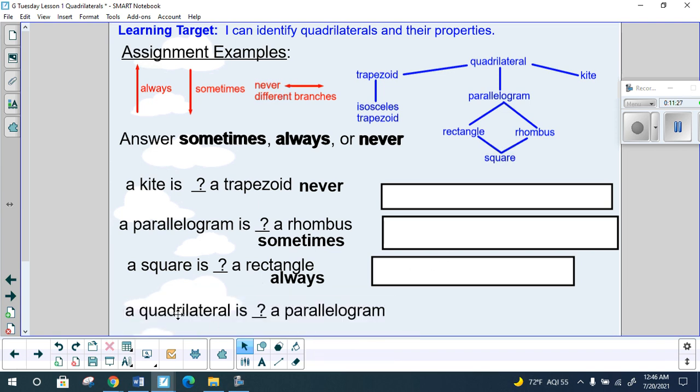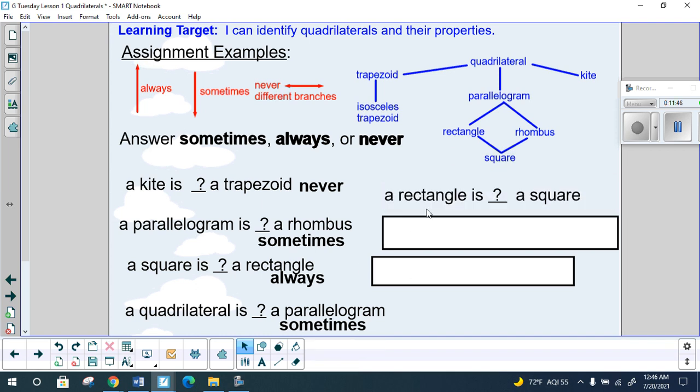A quadrilateral is sometimes, always, or never a parallelogram. If I'm at the top here, sometimes I go down that branch, sometimes I go down this one. I'm going down, so that one's sometimes. A rectangle is sometimes, always, never a square.